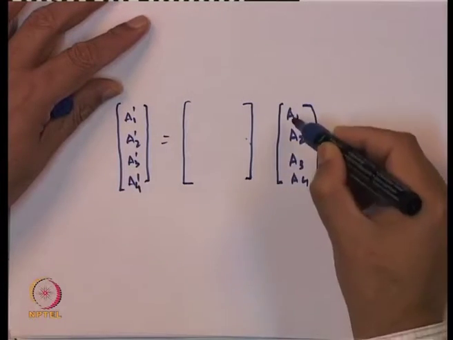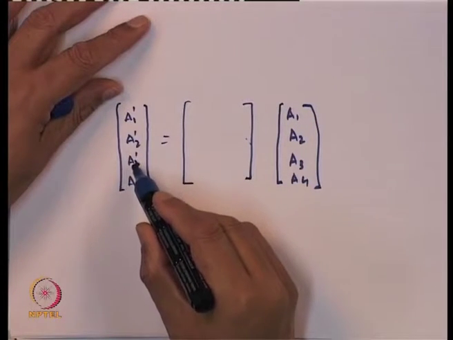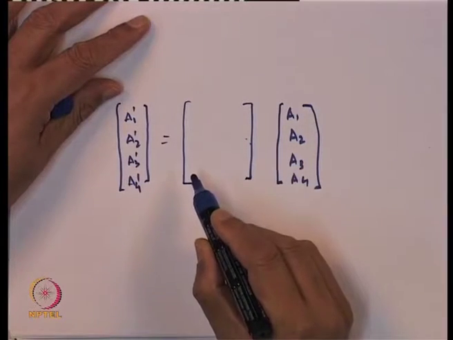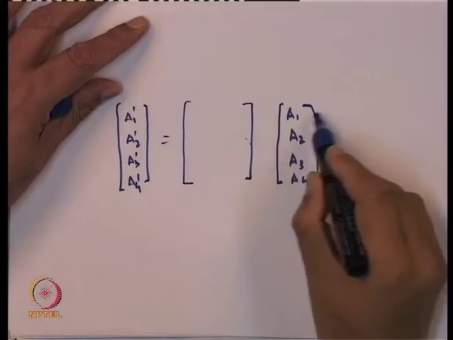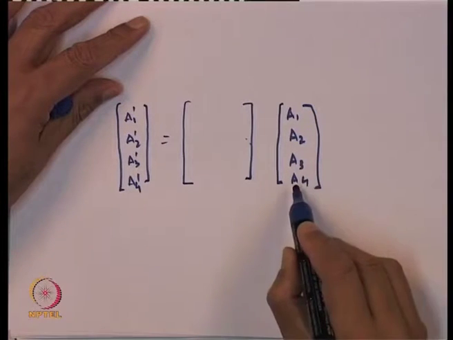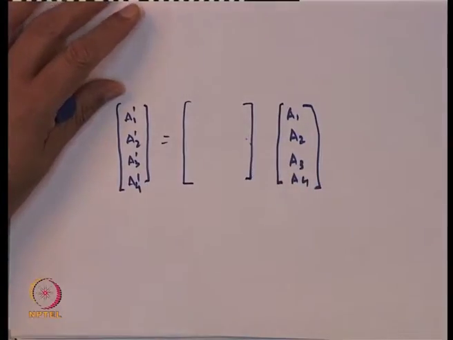We have another one with B1, B2, B3, B4 which changes to B1 prime, B2 prime, B3 prime, B4 prime using exactly the same matrix. Then if I take the difference of these two equations, then A1 minus B1, A2 minus B2, A3 minus B3, A4 minus B4 will also exactly transform using the same transformation matrix. Hence, the differences are also the components of a 4 vector. That is what I wanted to say.